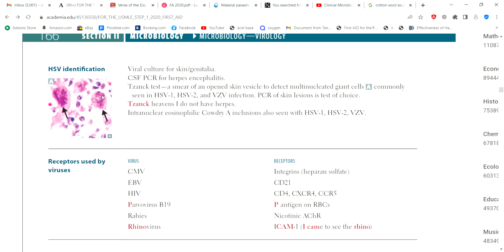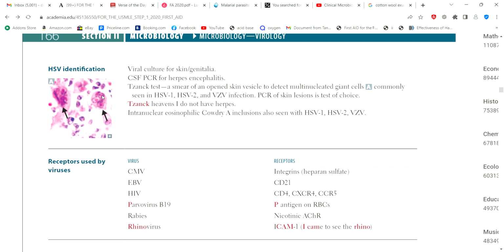So viral culture, how to identify the HSV. Viral culture for skin and genitalia, CSF PCR for herpes encephalitis. You do PCR of the cerebrospinal fluid. The Tzanck test is a skin test. You take the fluid out of the open vesicle and look to see if they have multinucleated giant cells.